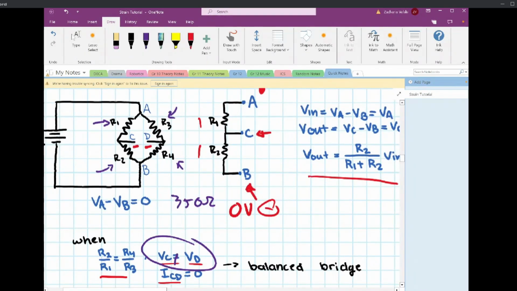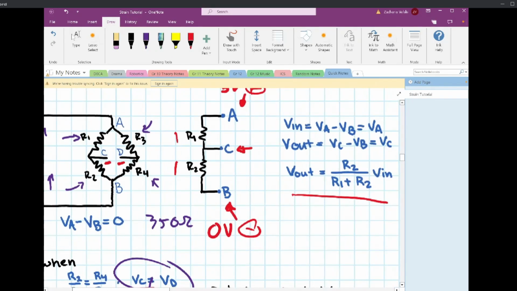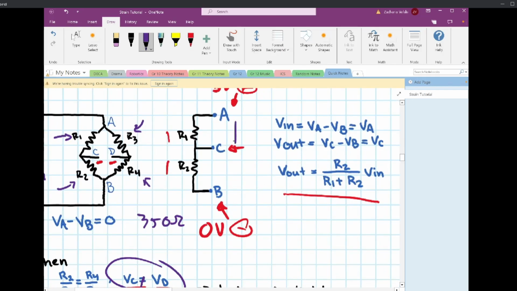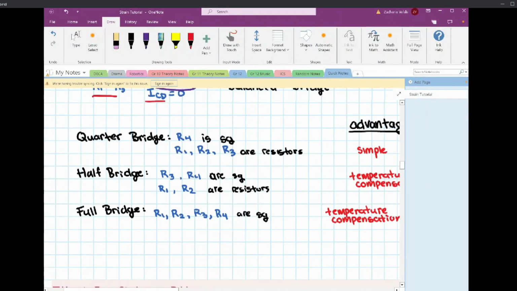For example, if both R1 and R2 go up by the same amount, just because you've gone from a room that's 0 degrees to a room that's 20 degrees, and R3 and R4 stay the same, your bridge will still be balanced, because your VC is going to be the same as your VD, since the resistance values on both sides of that voltage divider will more or less stay the same. So that's how you compensate for temperature.